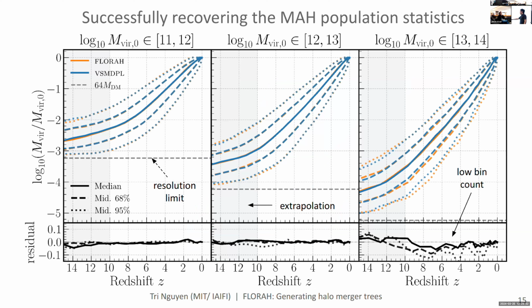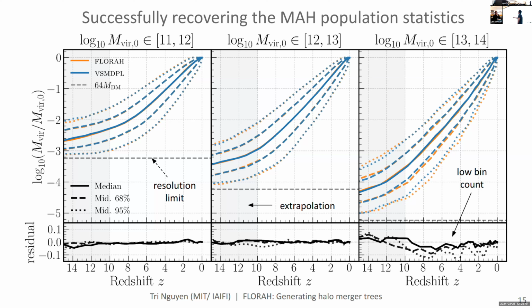So this is for 3 different mass bands, with the top panel being the same, and the bottom panel being just the residual between the simulation and the trees emulated by FLORAH, with the line here being the resolution limit. As a reminder, z equals 10 to z equals 15 is completely extrapolation. And here we're showing the median, the 1 sigma width and the 2 sigma width.